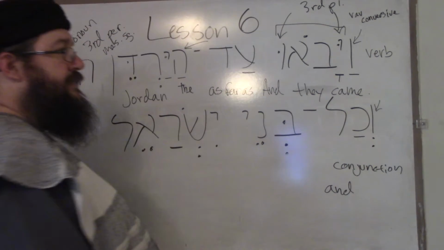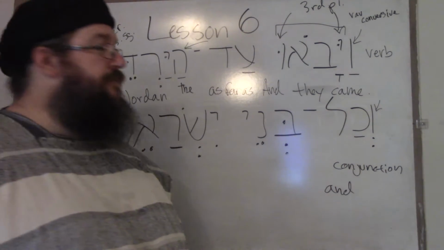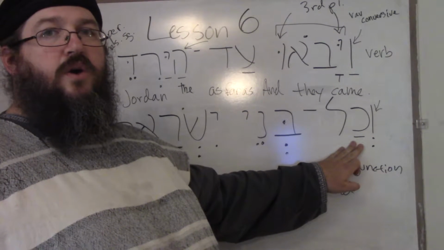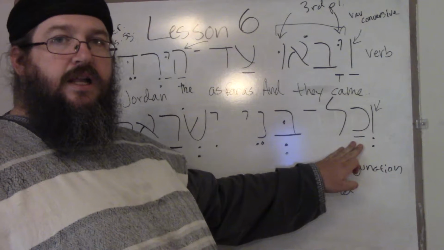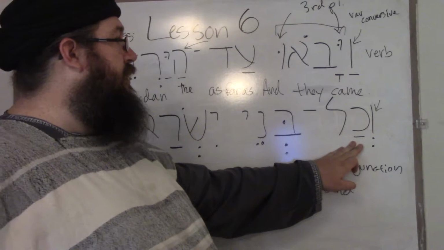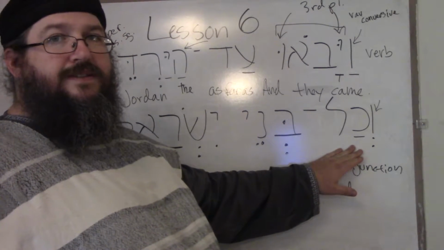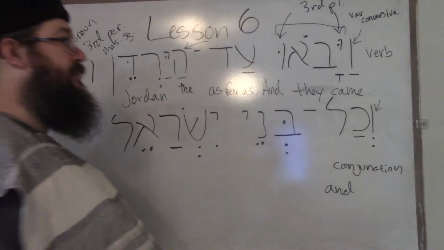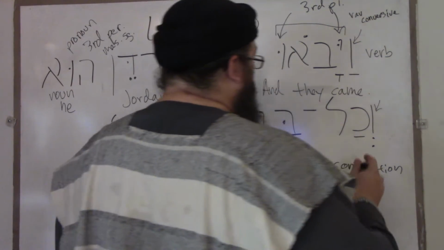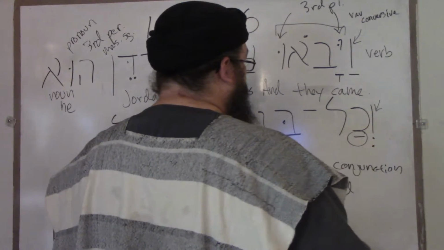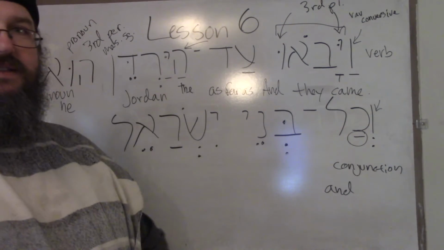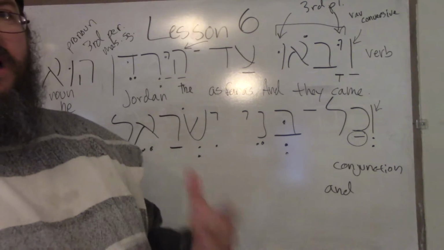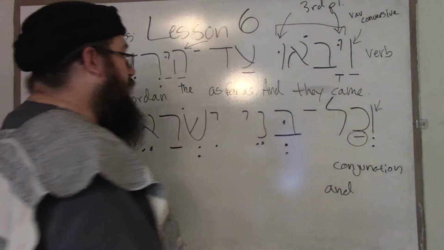Kol. Now here's something that we have that's very unique. Why do we say o rather than kal, vakal, okay? We say v'chol instead of v'chal because this is an unaccented syllable. That means here, this is going to take the sound of the o rather than the sound of the a that we normally have for the patach.